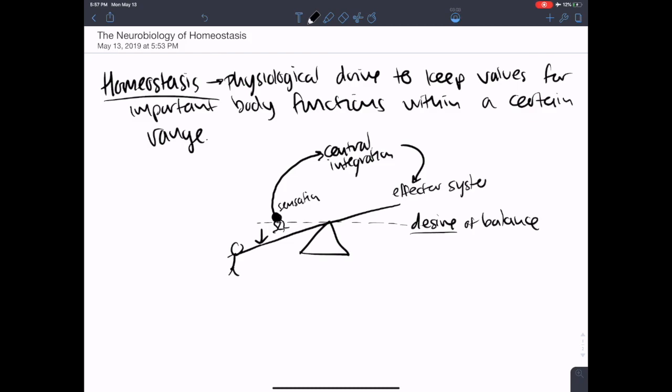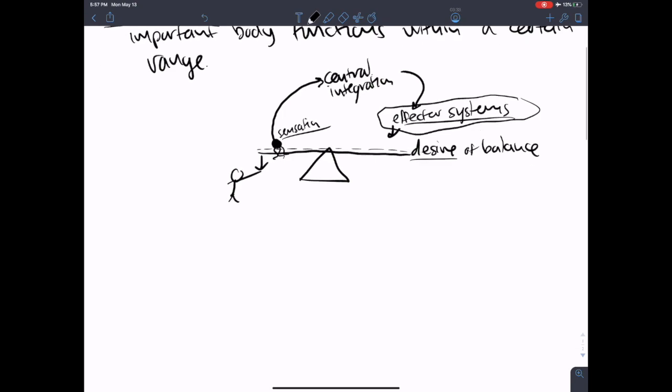These are really general terms, but basically what an effector system does is it pushes on this side of the scale to return it to balance. So after you get a shift back to balance, thanks to this effector system understanding what happened sensation-wise, integrating that, and then moving the balance back to normal, effector systems is a term I'm going to use a couple times, so you want to pay attention to it.